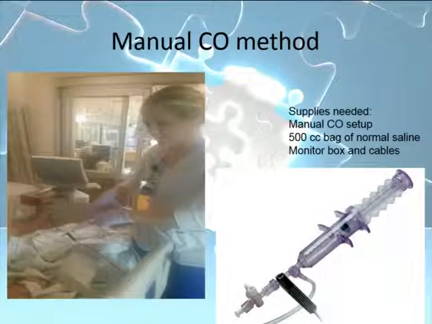Now with your SpO2 Swans, it's continuously giving you cardiac index and cardiac output information, but sometimes they will use a manual Swan, and this is where you have to hook up this syringe device that you see in the lower right corner to the blue port, and you will inject saline and measure cardiac output that way.